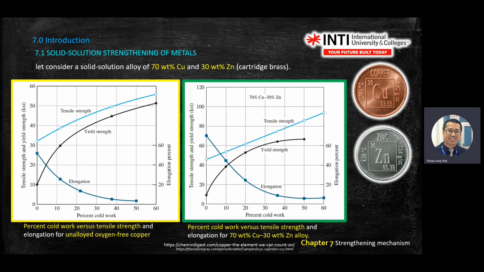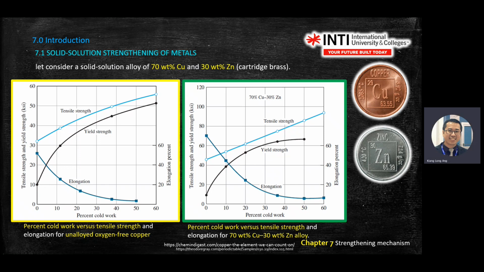How do you know it is a bit increased? You look at the elongation line. On the left-hand side is the pure material. So let's say I pull with 20% cold work.